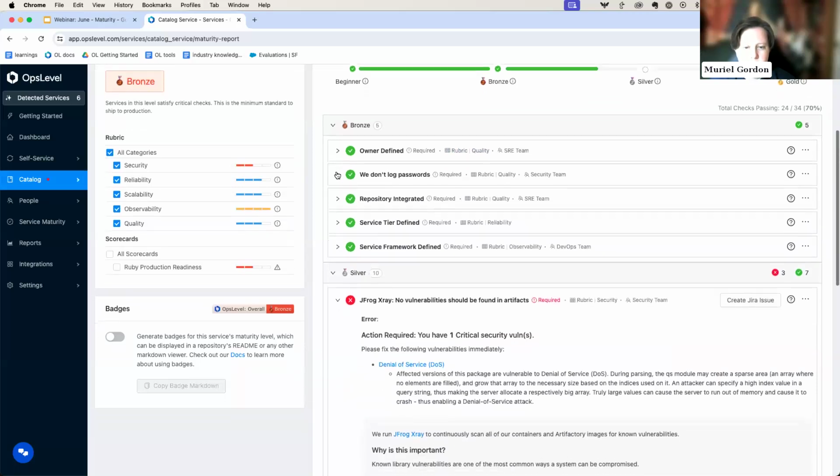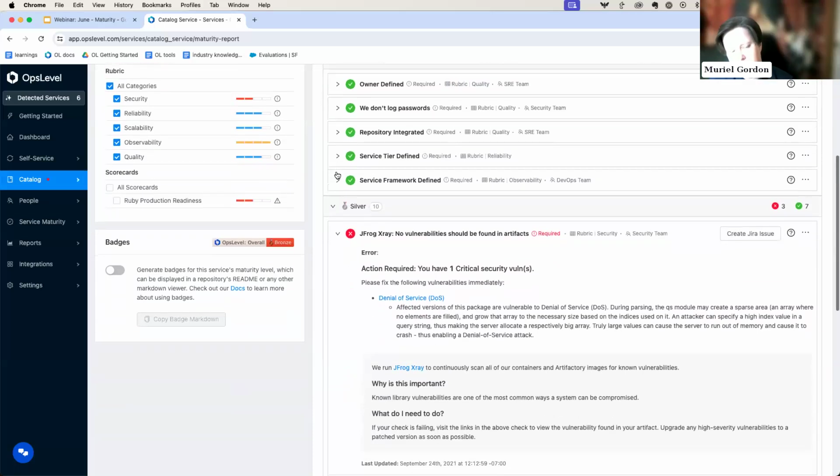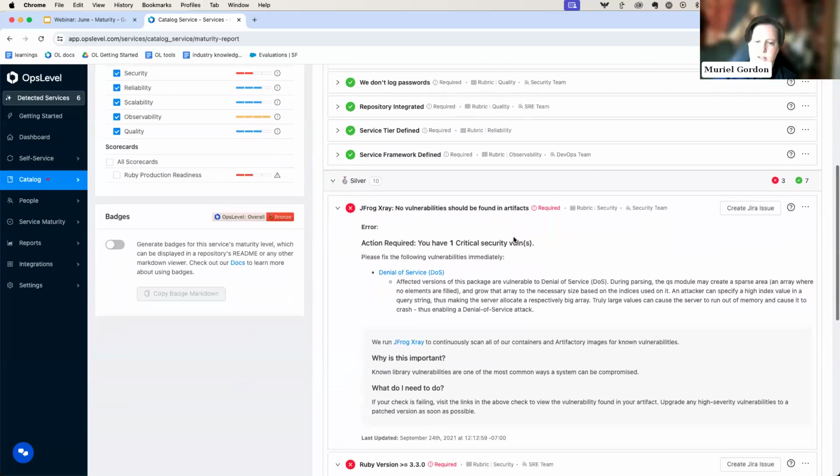And a check that has to do with metadata coming from a different tool. This silver JFrog check right here is a good example. What we're doing with this is JFrog sends us a little packet of information. You can write up some logic in here that'll parse through that and find the information that you care about. So in this particular situation, we are looking for critical vulnerabilities found in artifacts.